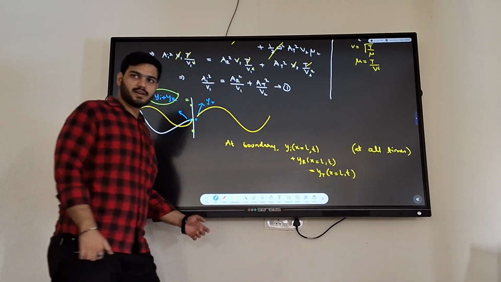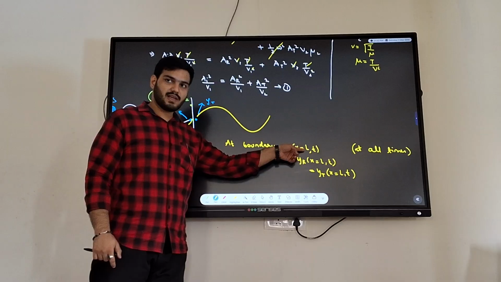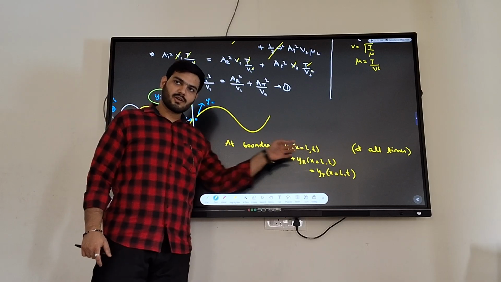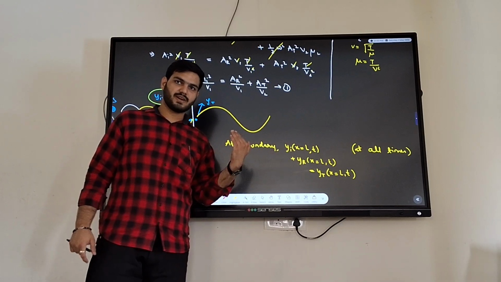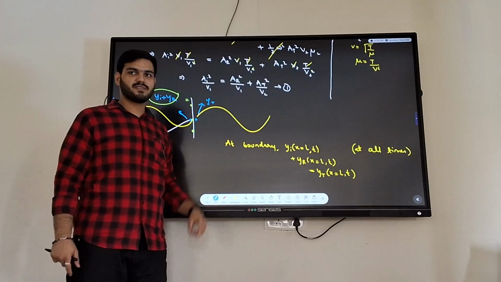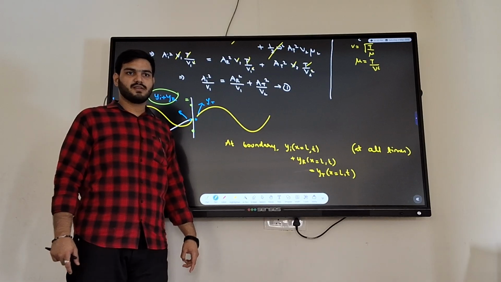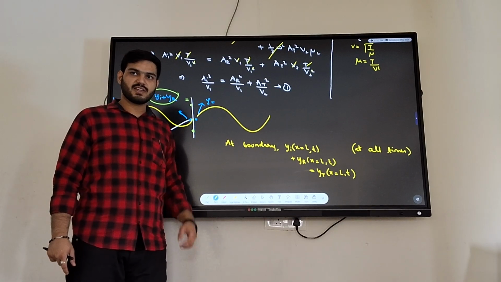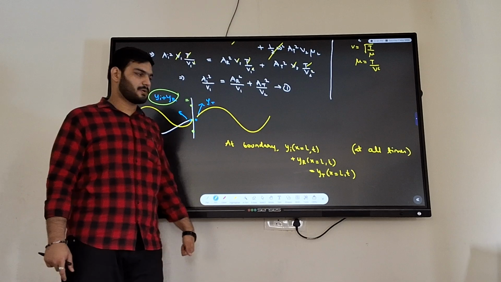Or you can equally write 2l or maybe l_0. At all positions the boundary can be shifted and the continuity should be satisfied at all points. Do you understand? I can shift my coordinate system or my boundary.